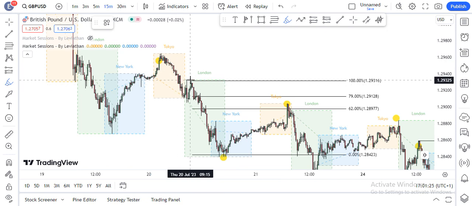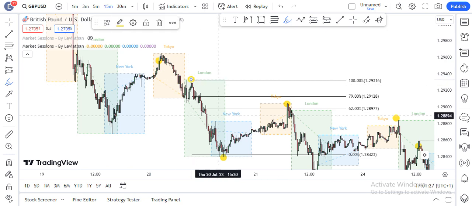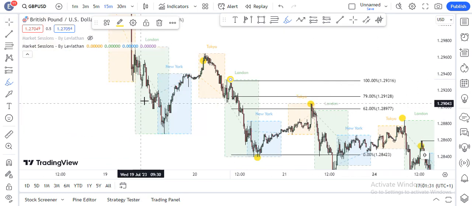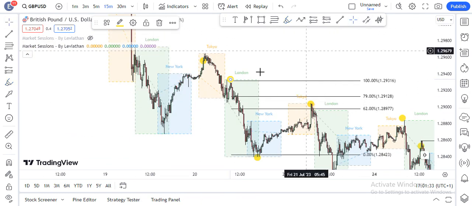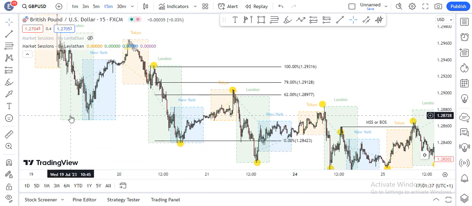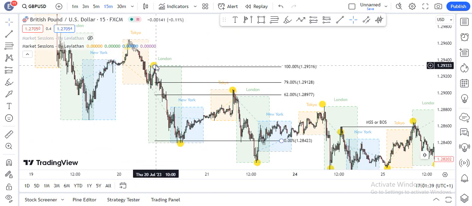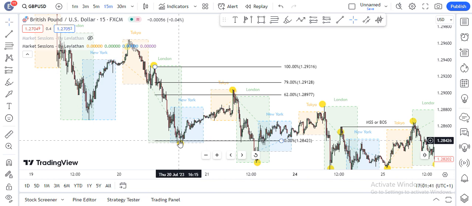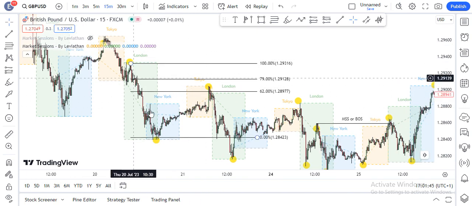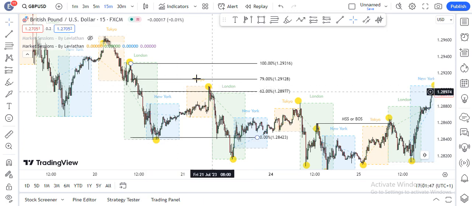This was another high point in these markets that were formed. Let's say we're looking for sales in this particular range. We're going to draw a fib from the high to the low, and then we're going to anticipate price to come around our premium area for a sell.